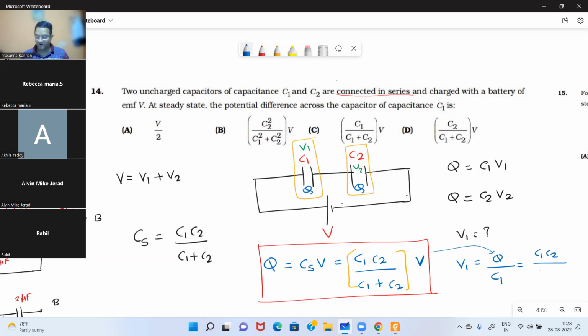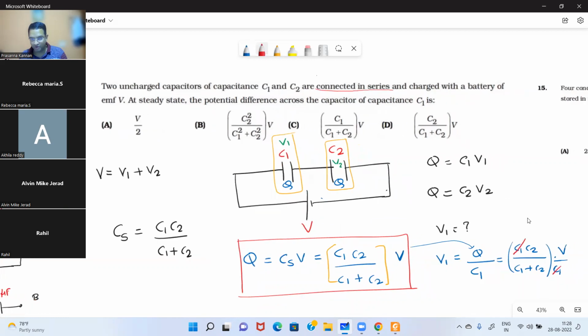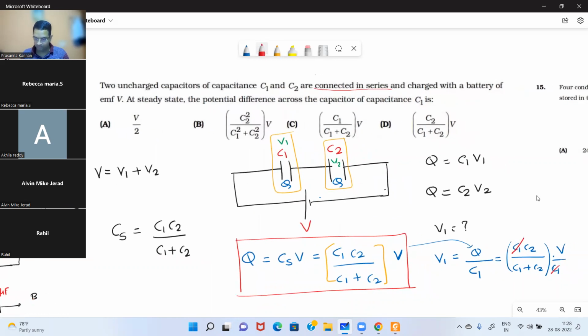C1 C2 divided by C1 plus C2 into V. That is your Q. Already there is a C1 in the denominator. The C1 and C1 will cancel. Therefore, what is going to be your V1? V1 is going to be C2 V divided by C1 plus C2.